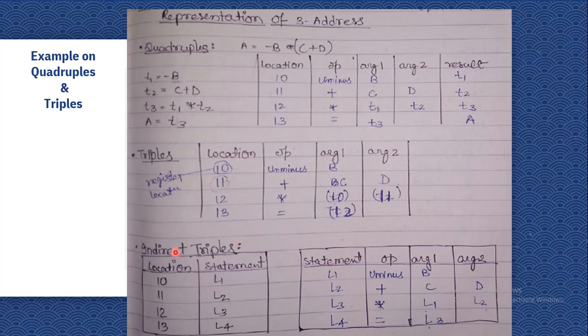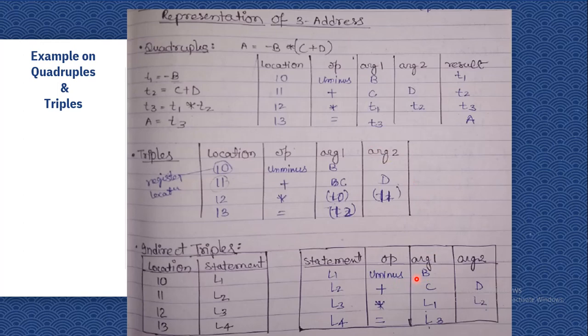But in the case of indirect triples, we are using 2 tables, where one table stores the memory location with some reference index, while these reference indexes are used in another table. Like in table 2, we are using statement or some references, then operator, then argument 1 and argument 2.